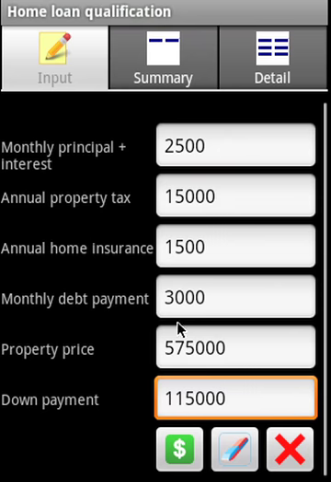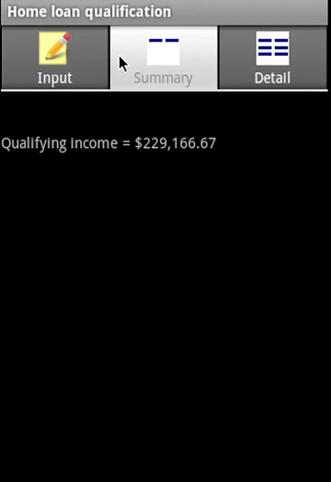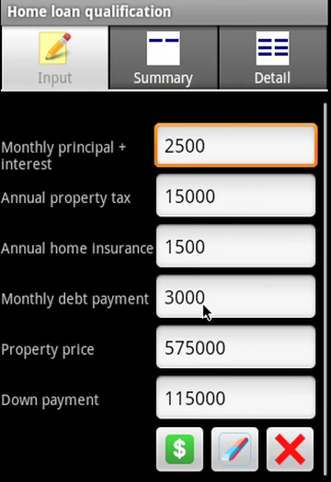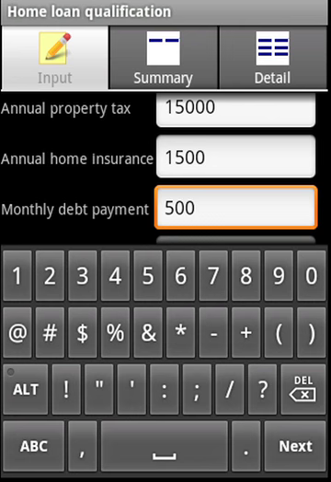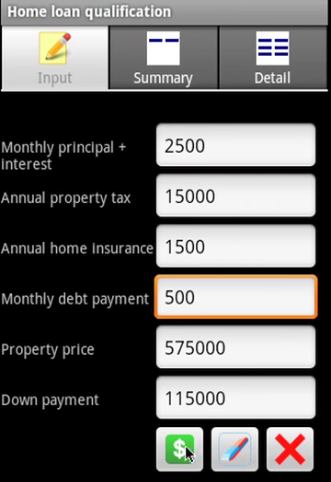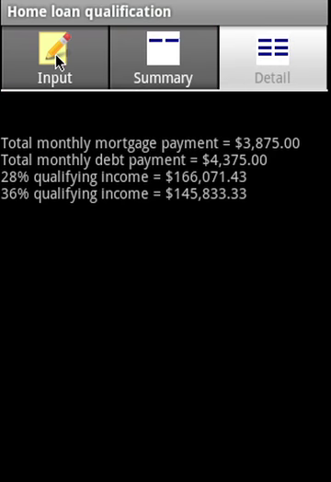And now what happens is this, qualifying income is a big one. So now let us say monthly debt payment is 500, and that should have an impact, and we see this.